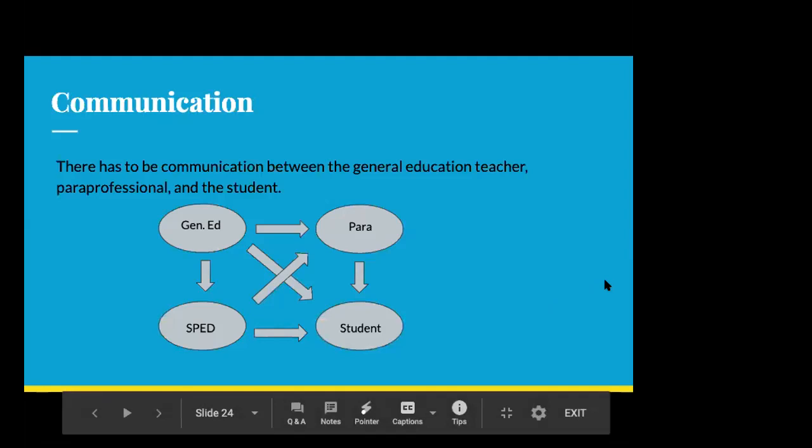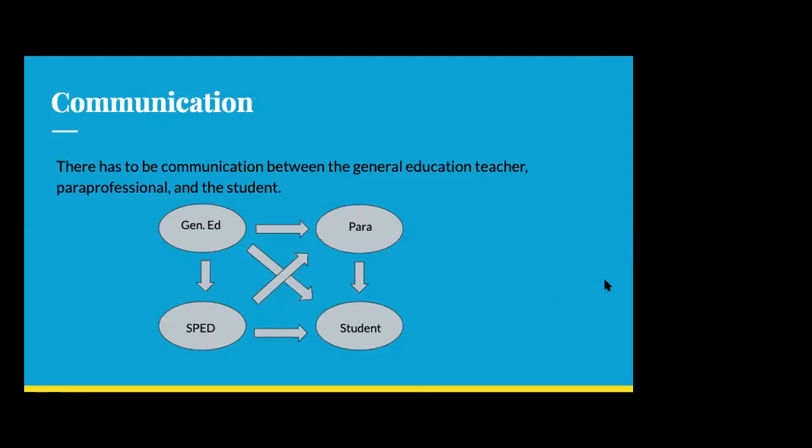Okay, we talked about communication when we first went into inclusion, because communication's gonna be the big thing. When things don't work out, when things go crazy, more than likely communication has broken down somewhere.